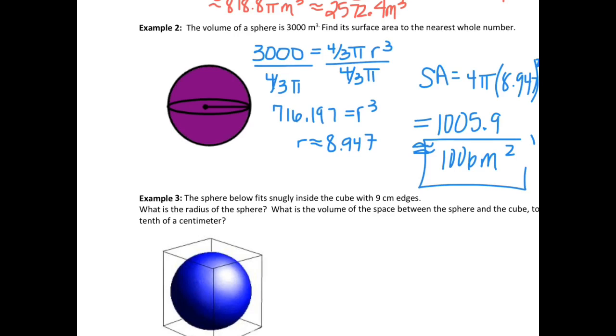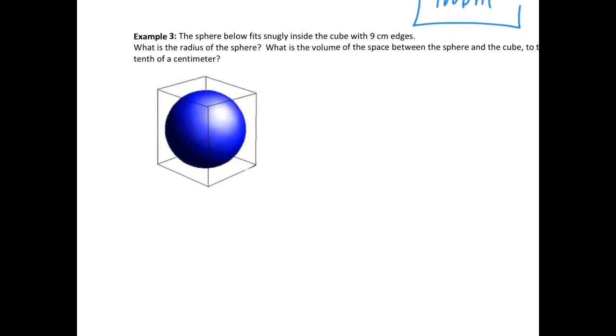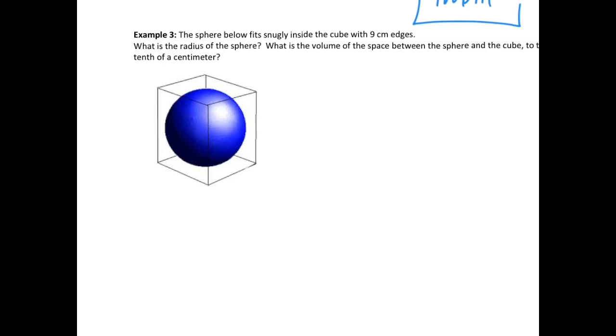All right, example number 3. The sphere below fits snugly inside of a cube with 9 centimeter edges. So that means that it just fits. So if the cube measures 9 centimeters, the diameter is also 9 centimeters. That means that this sphere has a radius of 4.5 centimeters.